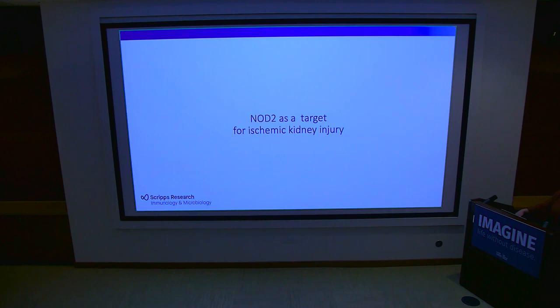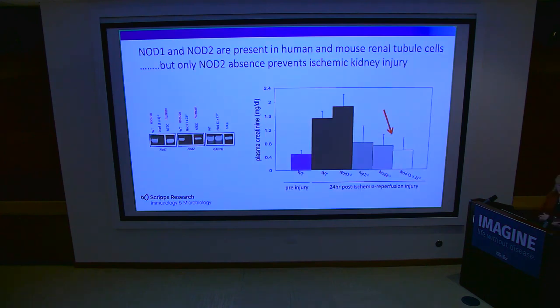So for NOD2, we found NOD2 was present in both human and mouse renal tubular epithelial cells. And interestingly, deleting NOD1 did not protect from ischemia-reperfusion injury, but deleting NOD2 did. But NOD1, and I didn't show the data, protects from neutrophil infiltration.